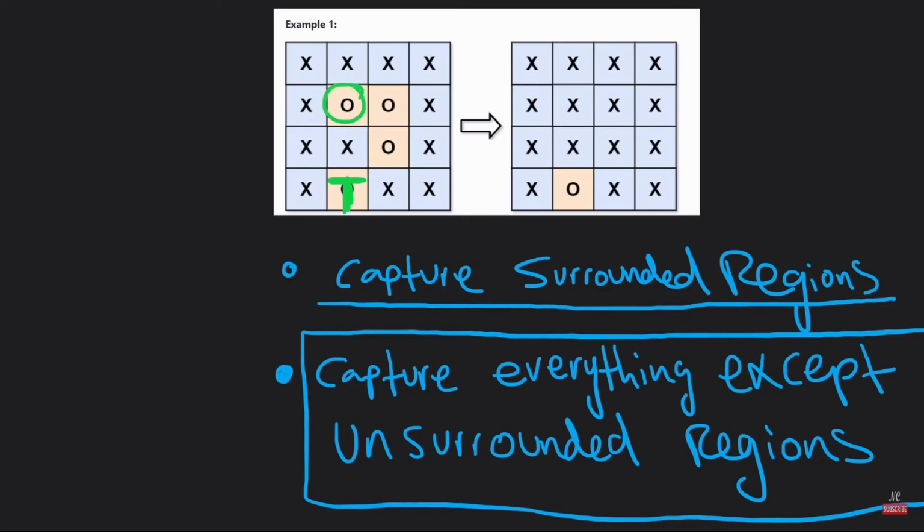We see an O down here, change it to an X, change this to an X, this is already an X, etc. Change this to an X, and this is already an X.